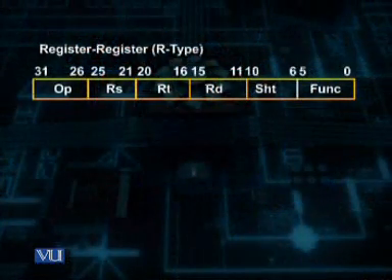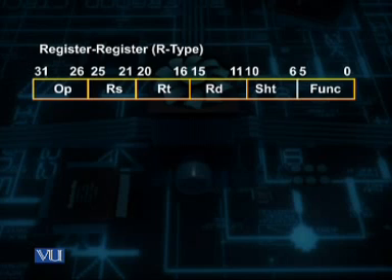Similarly, the third address field and the fourth field in the normal sequence, that is, the first one is the opcode, second and third are RS and RT, and the fourth one is RD, which is the destination register.